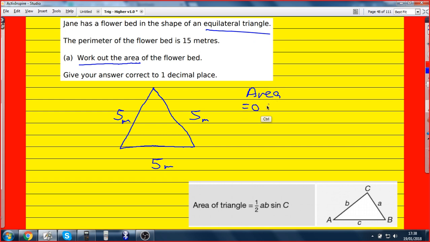There's no angle. So any idea about angles for this one? Do you have to do it times 5 again? Well, it's supposed to be times sine of the angle. Any idea what these angles will be?